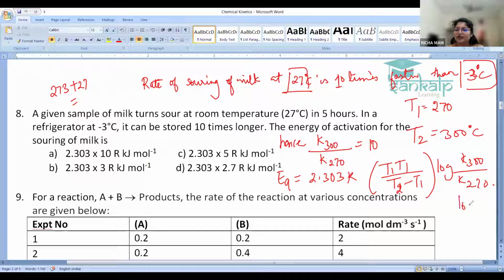So you're going to get your log of 10. Okay, solve this.